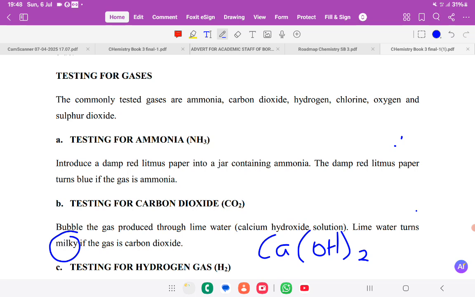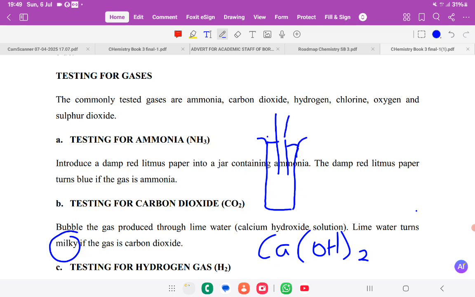Okay, so the lime water will become milky if the gas produced is carbon dioxide. So let's suppose that you have a situation like this. Suppose you have a reaction, for example, when you add yeast to a sugar solution.